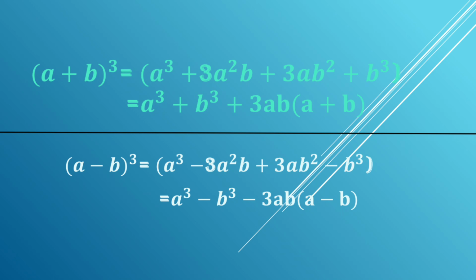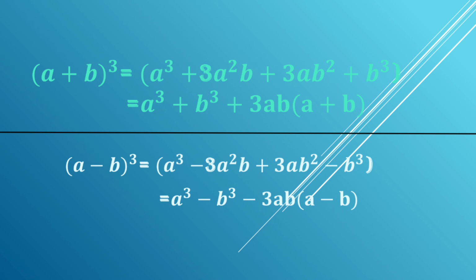We can also write this formula in a way where you write a cube + b cube, and from the two middle terms you can take the common 3ab, and what is left here is (a + b). Same like this, we can derive the formula of (a - b) whole cube, and here the signs will be changed.